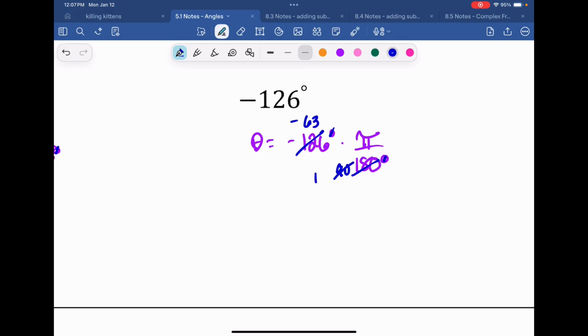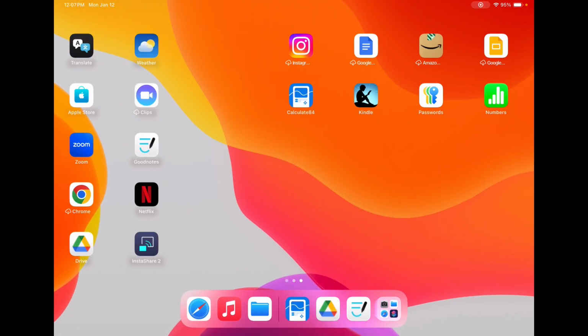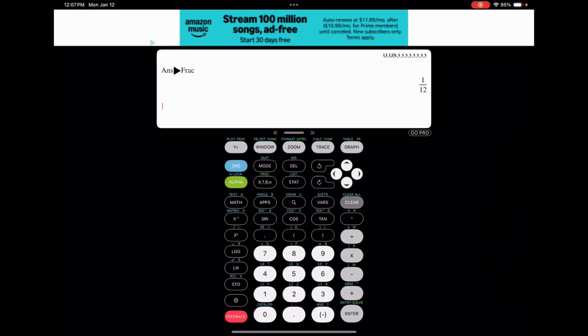So that's 10. That's negative 7. So theta equals negative 7 pi over 10. Again, if you're not sure, I'm going to go to my calculator, do negative 126 over 180. Okay, that'd be math 1. So 7/10, so I was right.